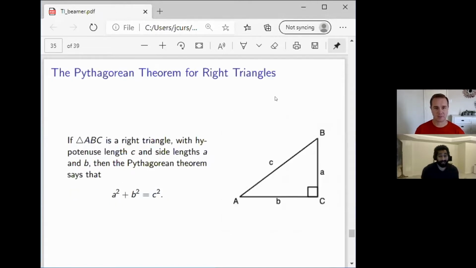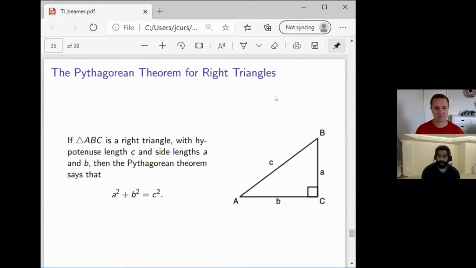I hope you also remember the Pythagorean theorem for right triangles. It says that if triangle ABC is a right triangle with hypotenuse length c and side lengths a and b, then a squared plus b squared equals c squared.